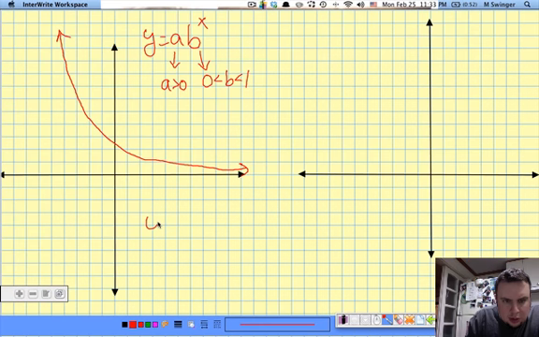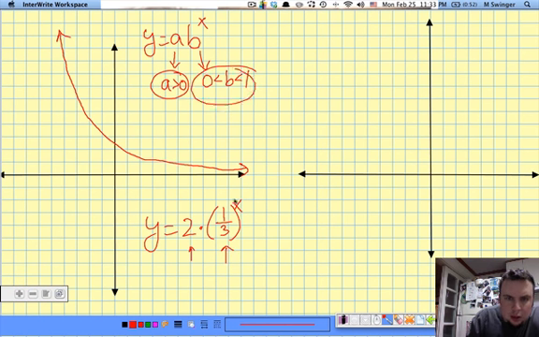We can say this is y equals 2 times 1/3 to the power of x. It would look like this. It's an exponential decay. How? I just look at a. Is it greater than 0? Check. Is b between 0 and 1? Check. This is an exponential decay.